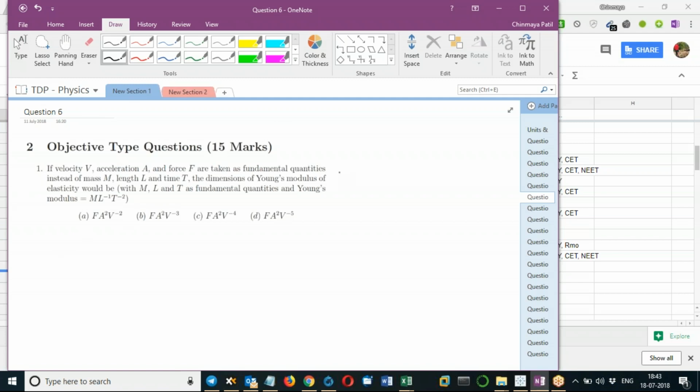As a side note, Young's modulus is equal to longitudinal stress by longitudinal strain.